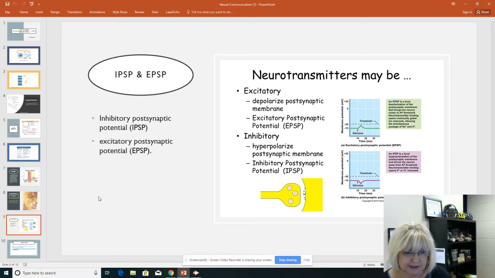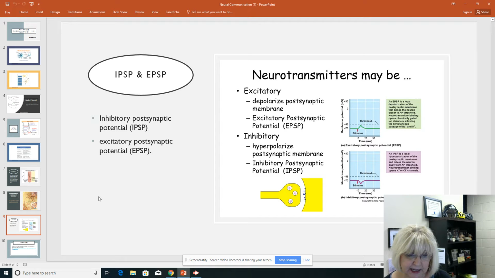So just make a note that your EPSPs and your IPSPs are produced by openings of chemically gated channels, unlike your action potentials, which are produced by voltage gated channels. Many different molecules serve as neurotransmitters, and neurotransmitters vary from synapse to synapse. The same neurotransmitter is always released at a synapse.